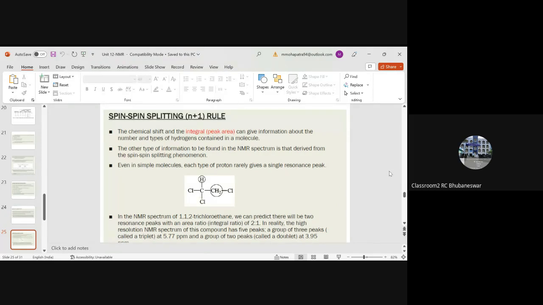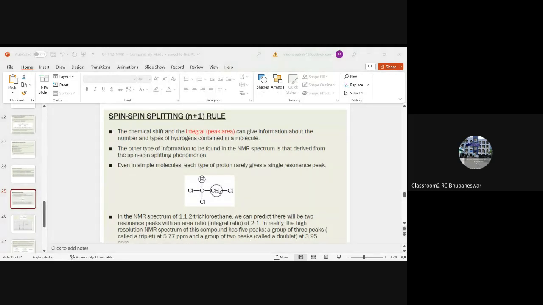So coming to spin splitting, I have 30 slides here. Then again we'll be discussing the mass spectrum also. Then again we have to move to the structural elucidation part. Today we have to finish the course. We have many other things.